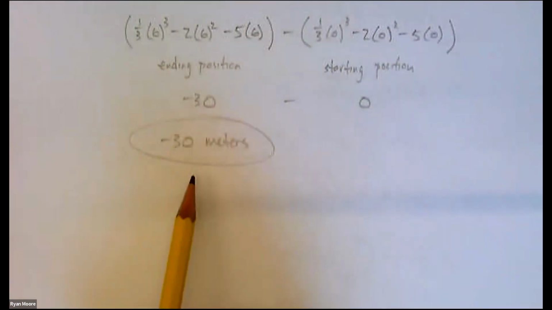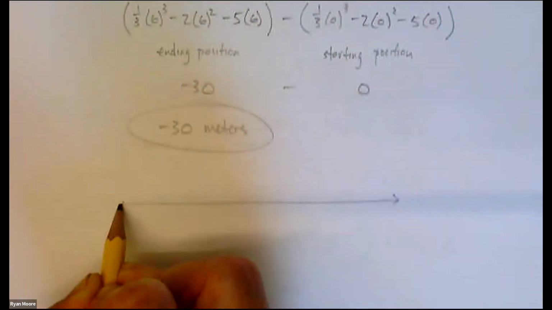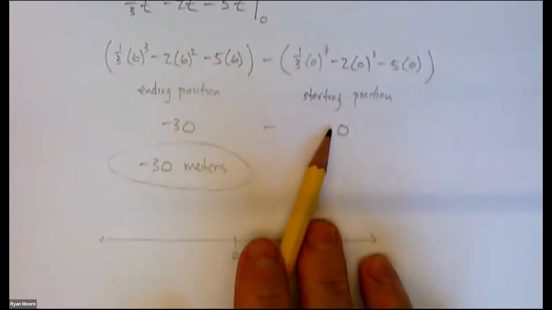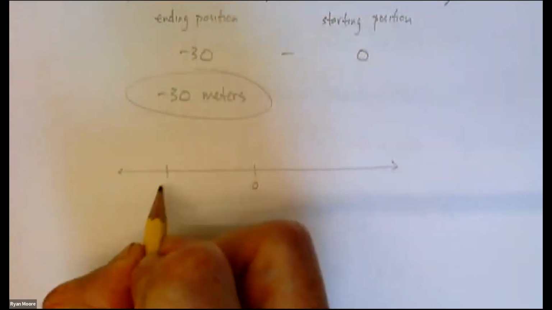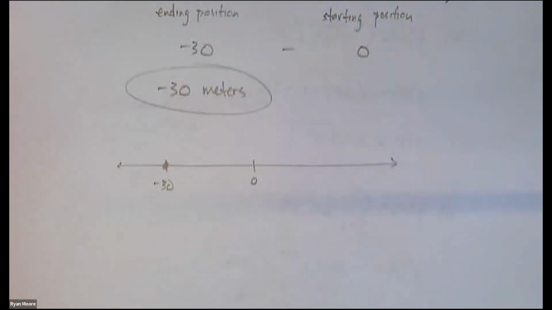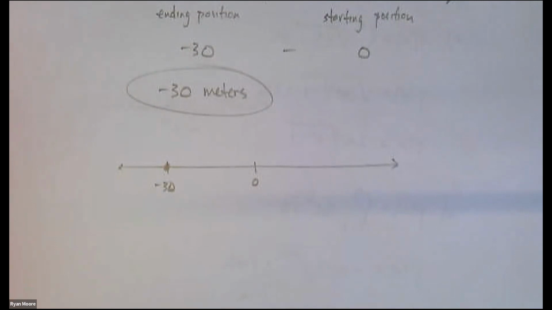I suppose you could answer 30 meters, but the negative tells you which direction that was. All right, so we started here at 0 and we ended up at negative 30. So there's our displacement. Okay, very nice. Part B.